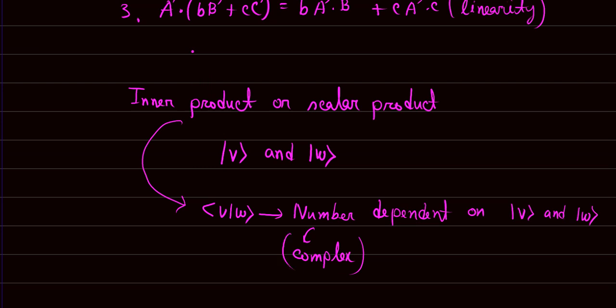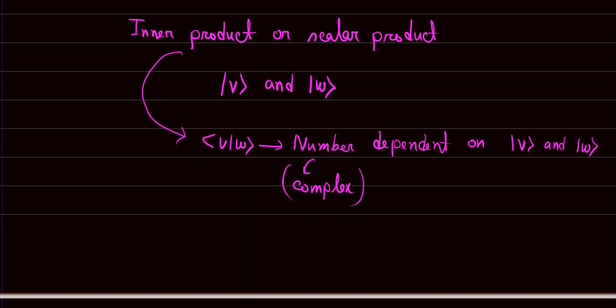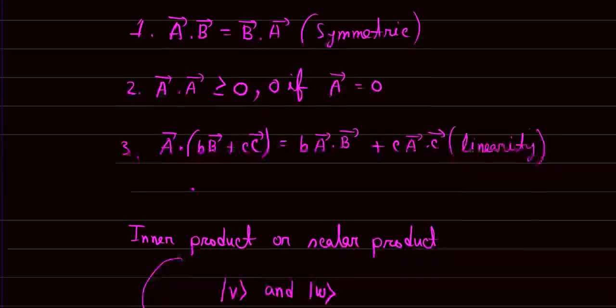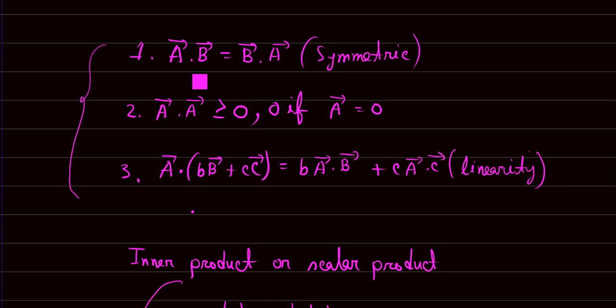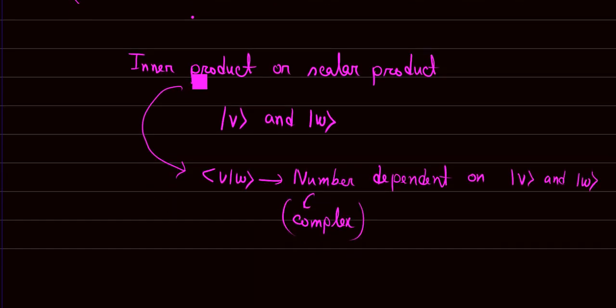Now we want to fix some axioms that depend on these properties of the dot product. So we want to fix some axioms for the inner product, or scalar product.